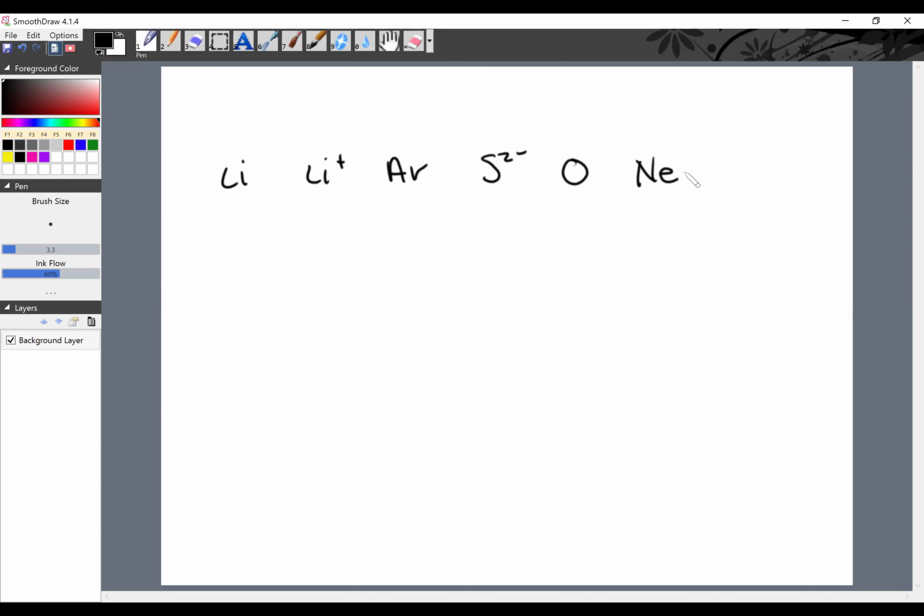All right. If I had to put these in an order, now if you remember this is ballpark, but it's a pretty good guesstimate. First of all, I'm going to see what shell they're in. Lithium is in shell 2. Well, the lithium ion is also in 2, but I'm losing that outermost electron.